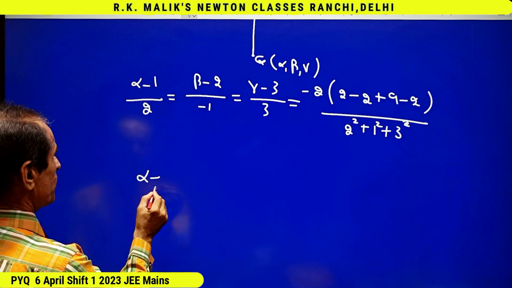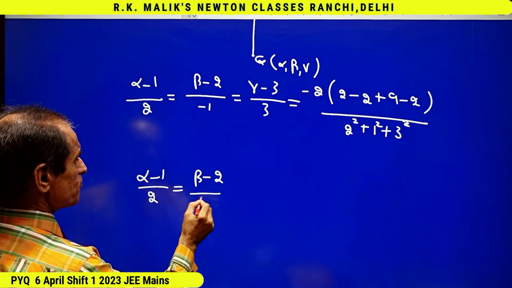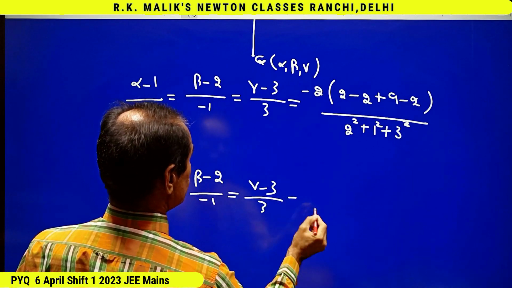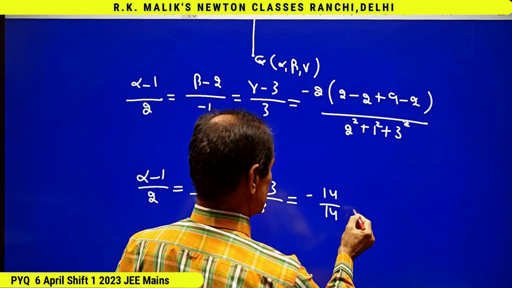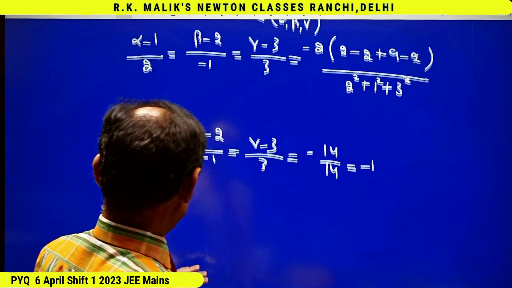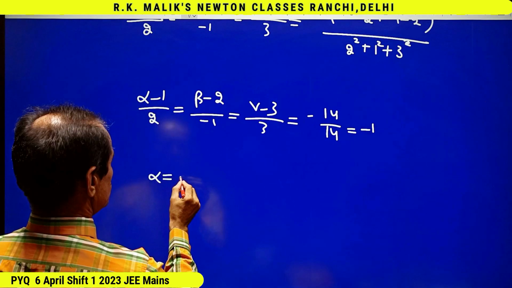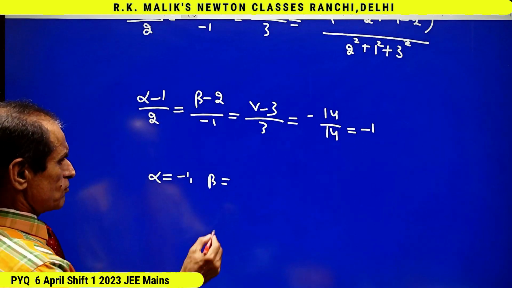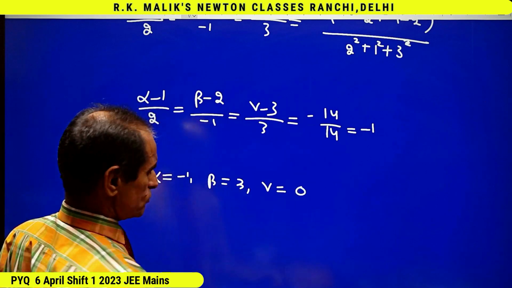That is, I get (alpha minus 1) by 2 equal to (beta minus 2) by minus 1 equal to (gamma minus 3) by 3 equal to minus 14 by 14, that is minus 1. Therefore, alpha is equal to minus 1, beta is equal to 3 and gamma equal to 0.